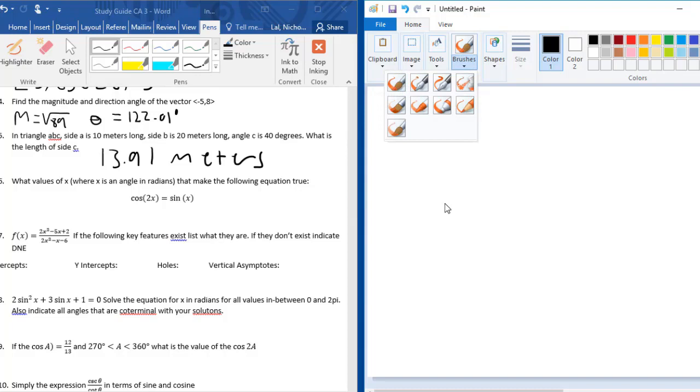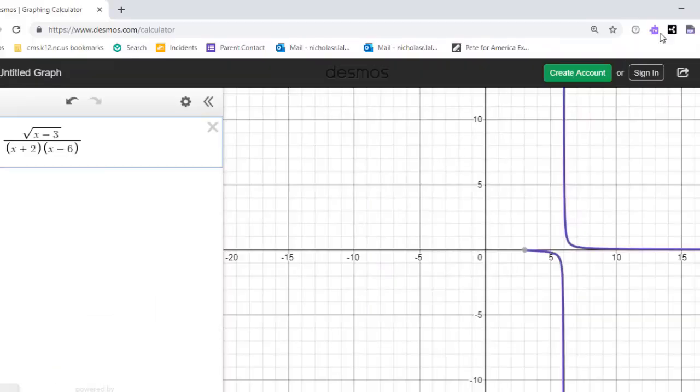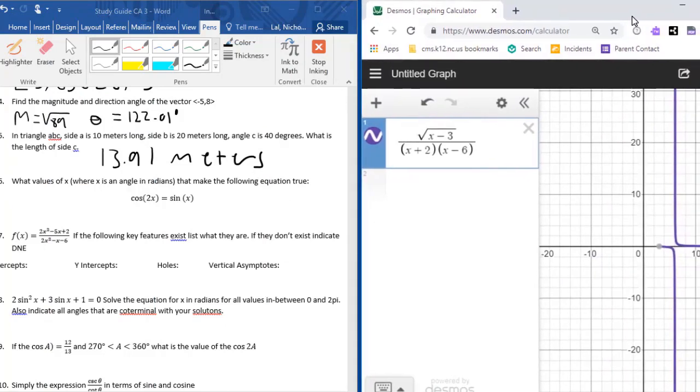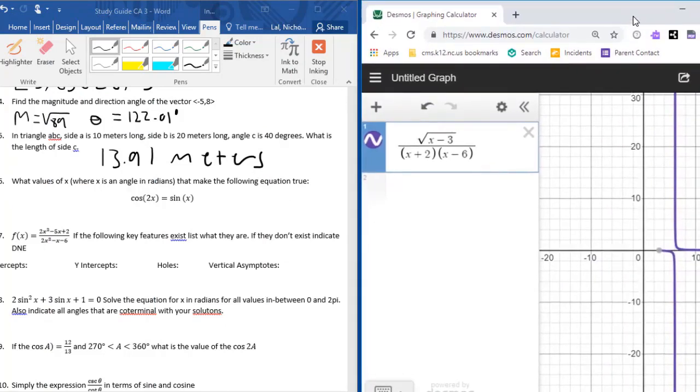What values of x, where x is an angle in radians, make the following equation true? The equation is the cosine of 2x is equal to the sine of x. Here's the deal.